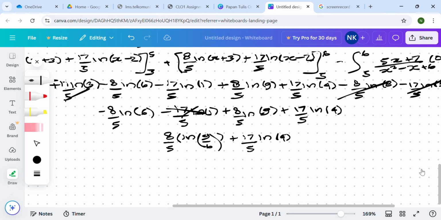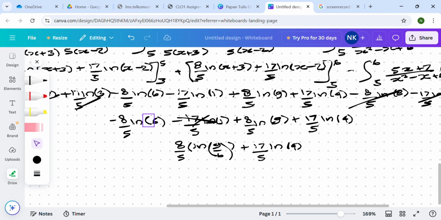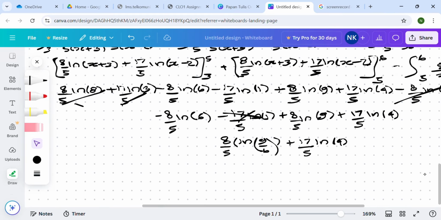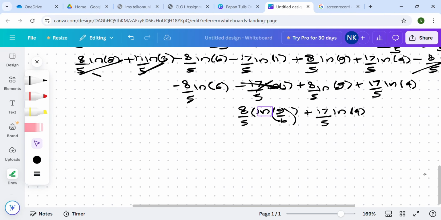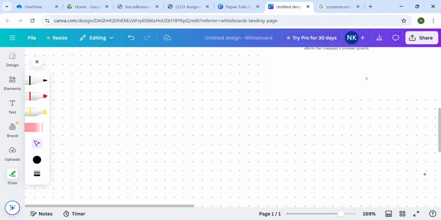We can actually evaluate this more and get the exact value, but since we don't have a calculator, we don't need to do that. So this is the final answer for part C.